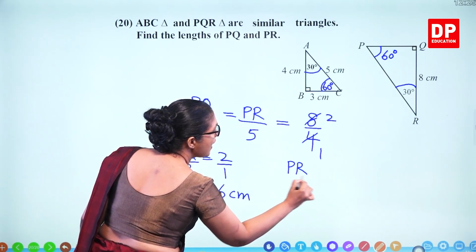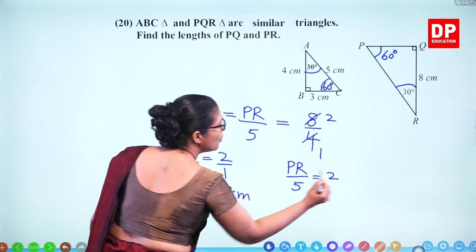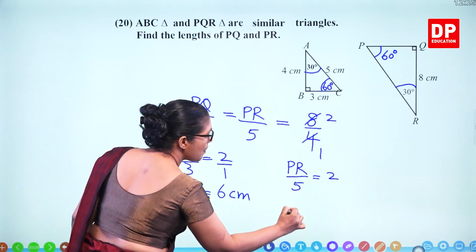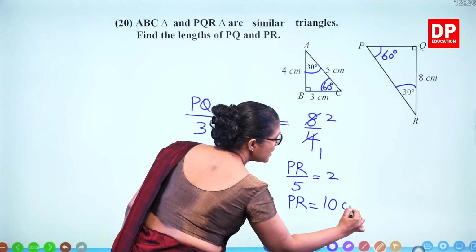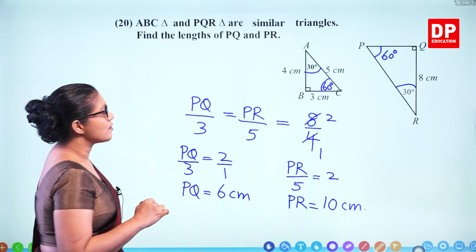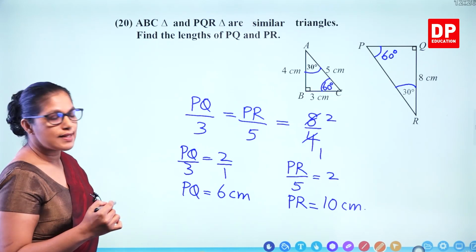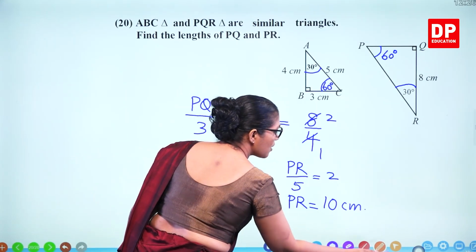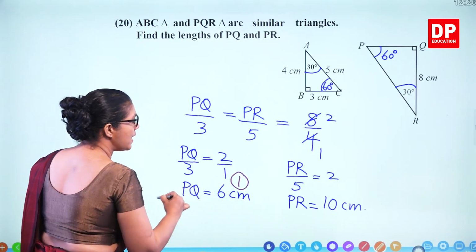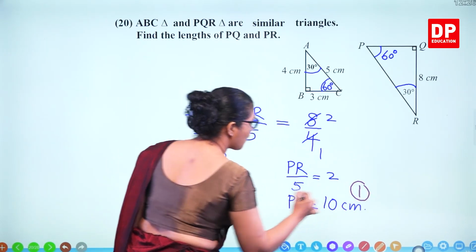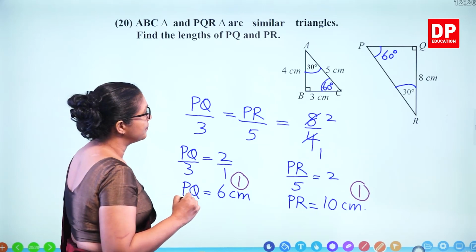PR over 5 is equal to 2. Now when you multiply this, PR becomes 5 times 2. That's 10 centimeters. So these are the two lengths. So you get 2 marks: 1 mark for this PQ length and 1 mark for PR length.